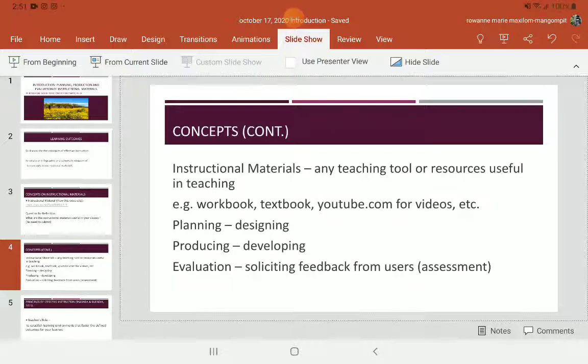And then once you have the design or the blueprint, you can begin with the production or producing. So this time you are going to develop the instructional material. And then it can be processed in developing. And then part of the development is the evaluation.